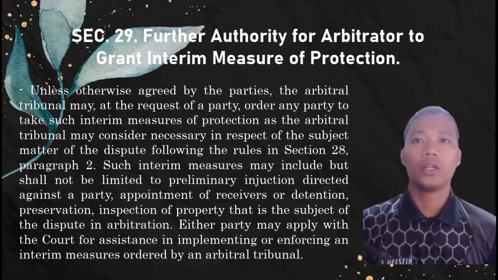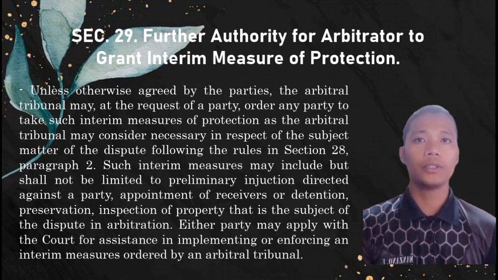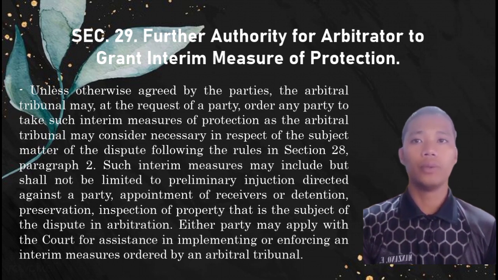Section 29 outlines the further authority granted to an arbitrator to use interim measures of protection unless otherwise agreed upon by the parties involved in the arbitration. The key points include: Number 1. Arbitral tribunal's authority.